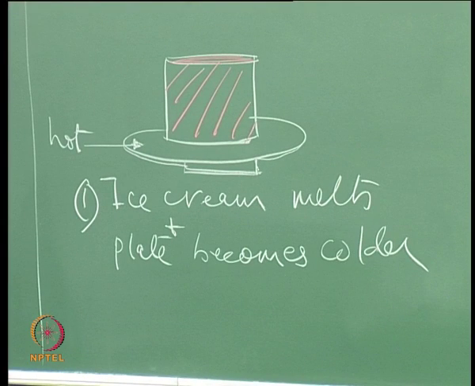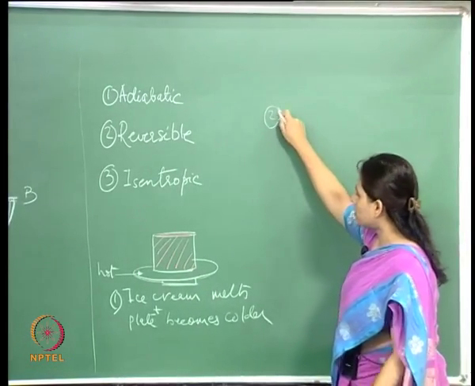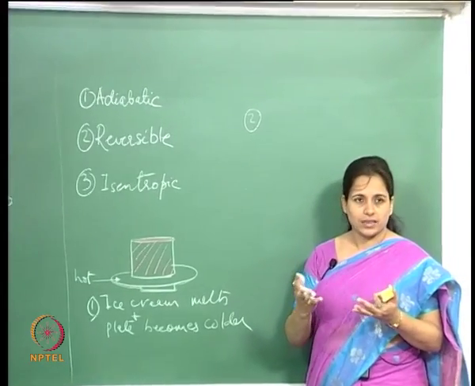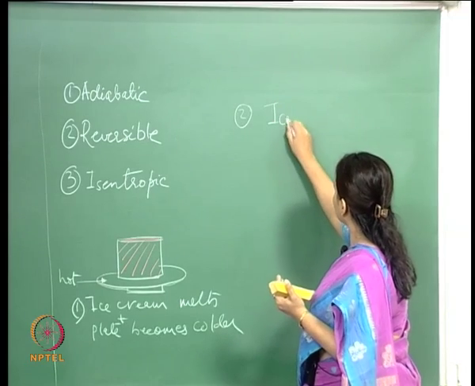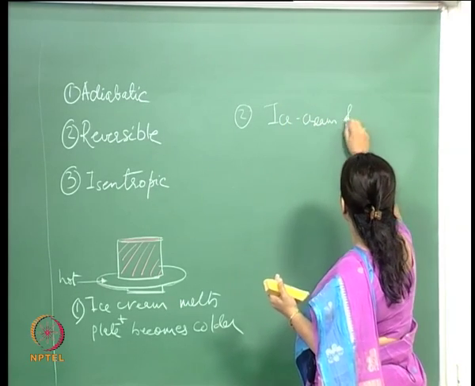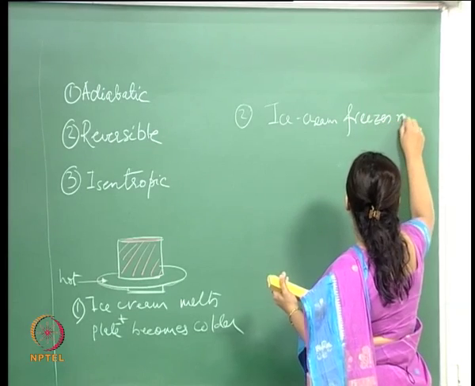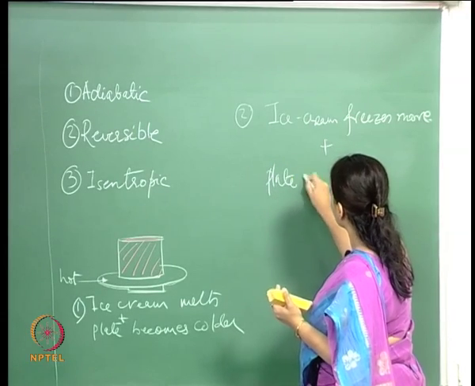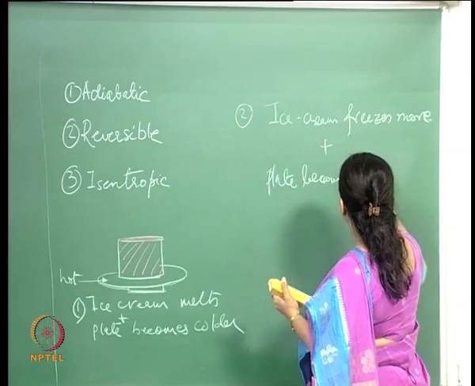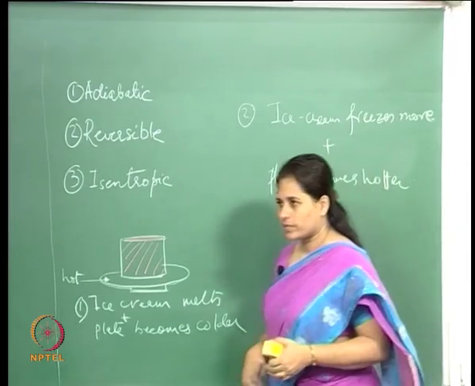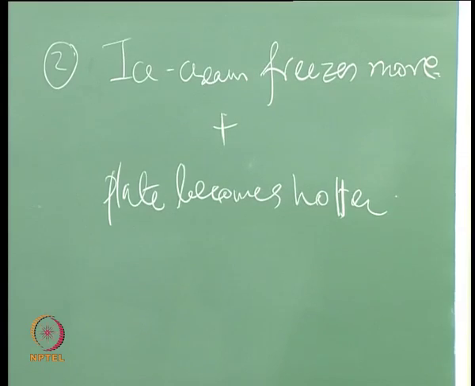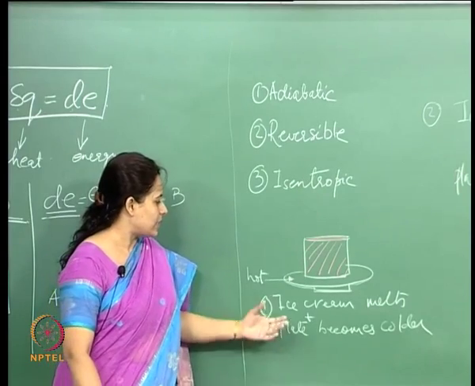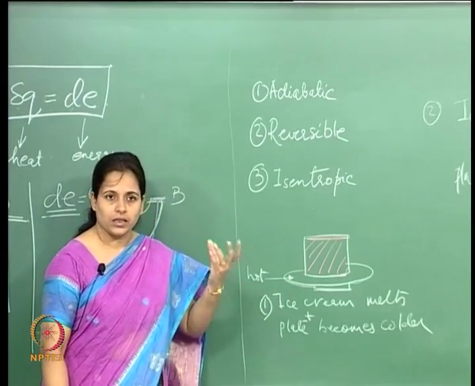The other scenario is that the ice cream actually does not melt, the opposite happens: the ice cream freezes even more, and the plate becomes hotter. In the first case, this is something you would expect, right. The ice cream melts and the temperature of the plate drops.